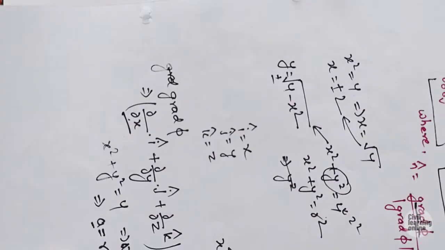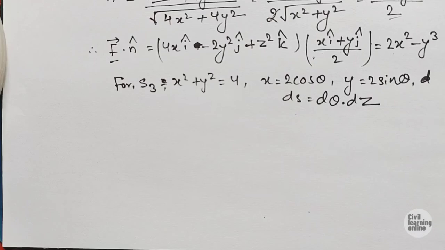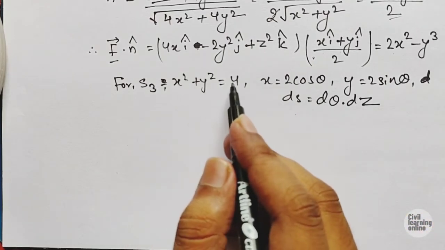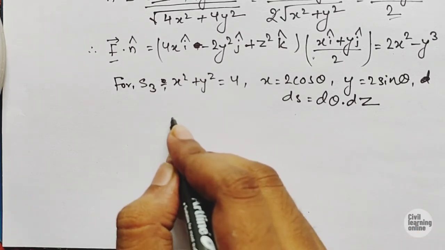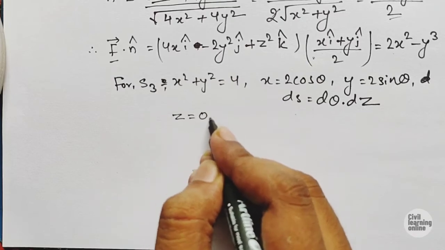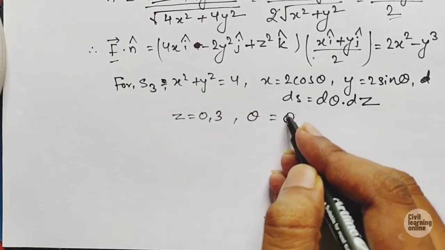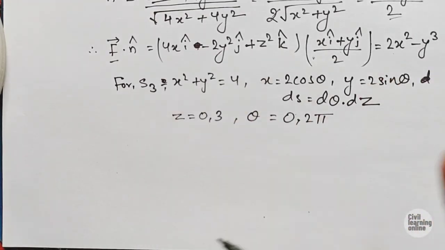We have two surfaces, one is z and another is x. In order to cover the equation x squared plus y squared equals 4, the whole circle, z must vary from 0 to 3, and theta must vary from 0 to 2 pi to cover that whole cylinder.